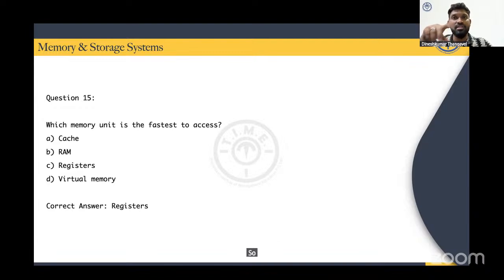There I didn't mention register. So now please make a note. I said cache, RAM, and storage. Now you can rewrite that one. Before cache, please add register. So registers are the fastest one. The second fastest is cache. The third fastest one is RAM. The fourth ones are other storage devices.